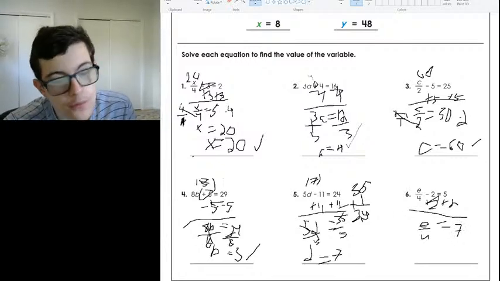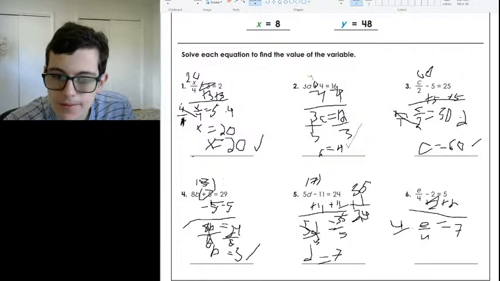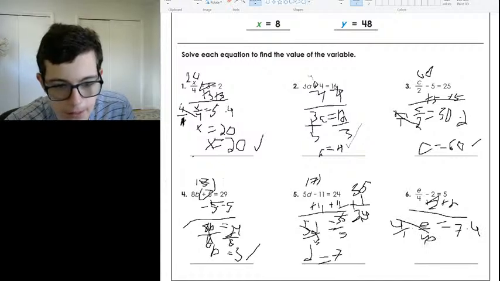So now we're going to add, or not add, my apologies, we're going to multiply both sides of the equation by 4. Sorry for stuttering my words. To get e equaling 28.